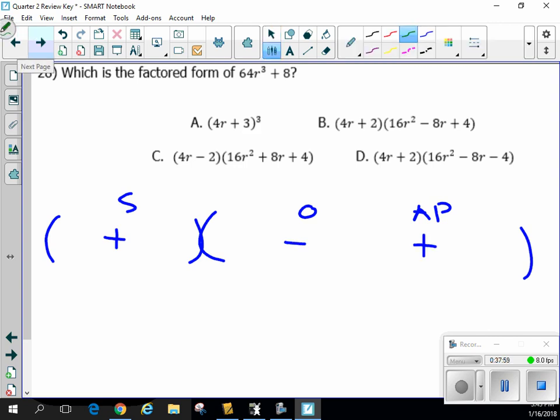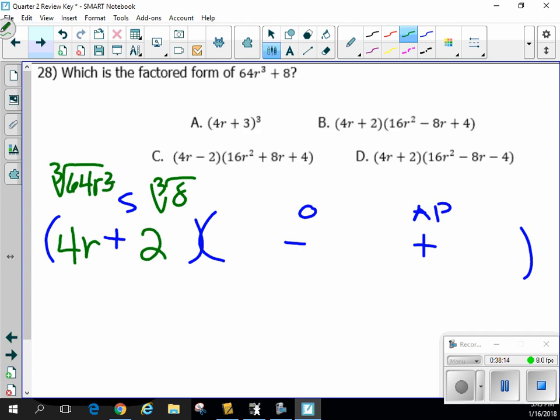Remember, your first binomial is the cube root of each of the terms. So the cube root of 64r cubed is going to give you 4r, plus the cube root of 8 is 2. And then this would be 4r, 4r, 4r, and 2.